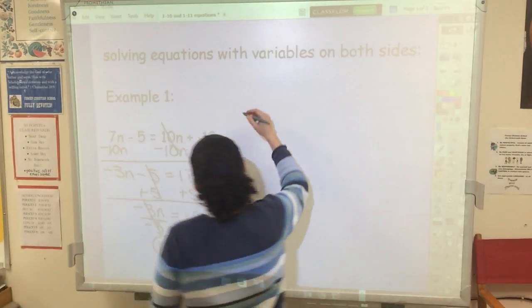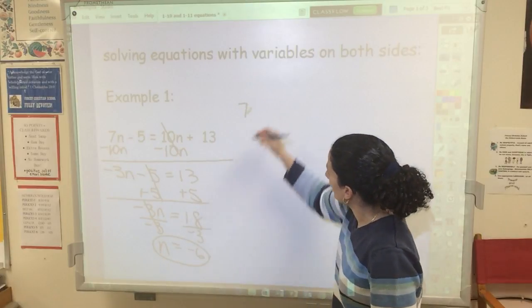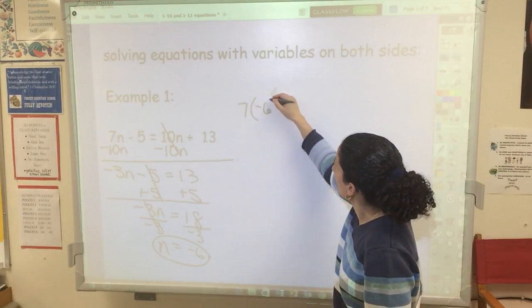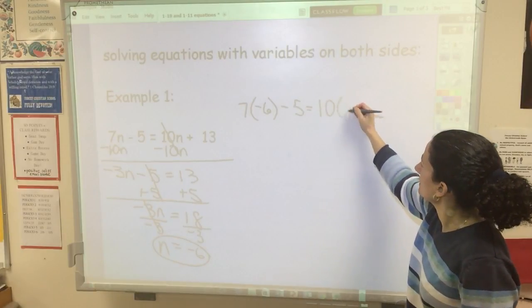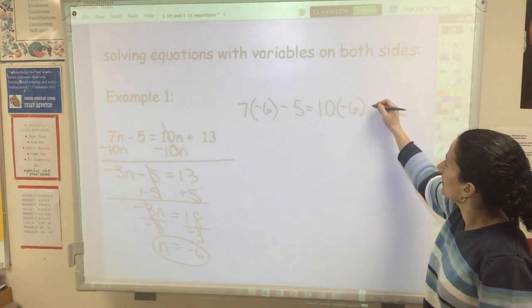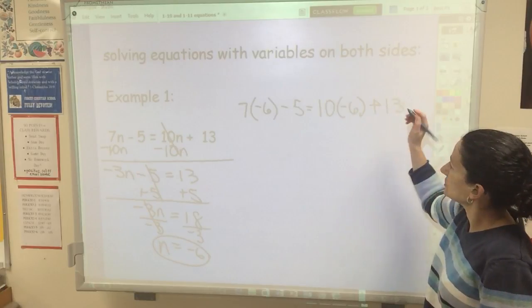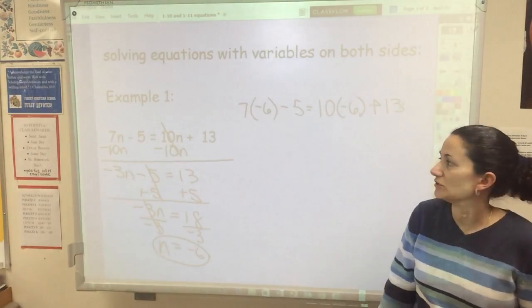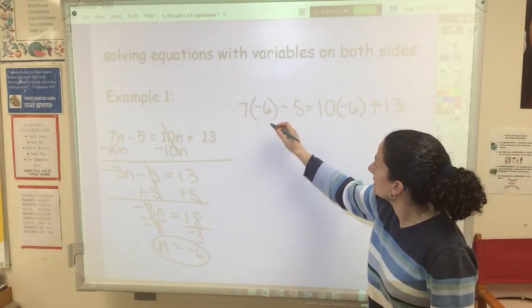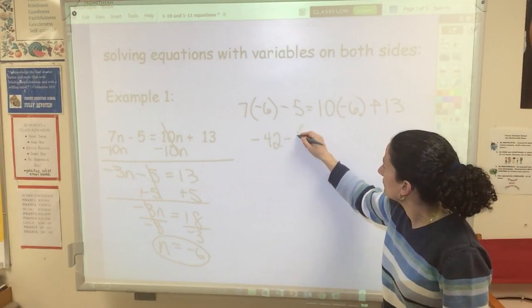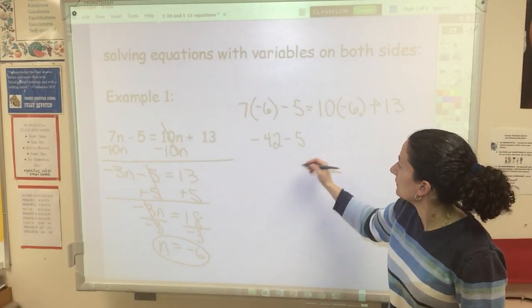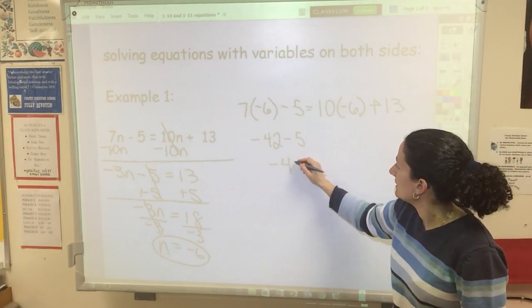Let's go check and see if that works. So I'm going to plug in negative 6 for n and see if my equation balances. 10 times negative 6 plus 13. I'm just going to check to see if my solution is correct. So 7 times negative 6 is negative 42 minus 5, and negative 42 minus 5 is negative 47.